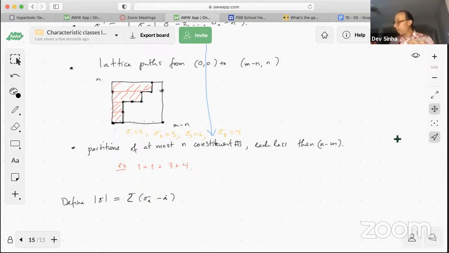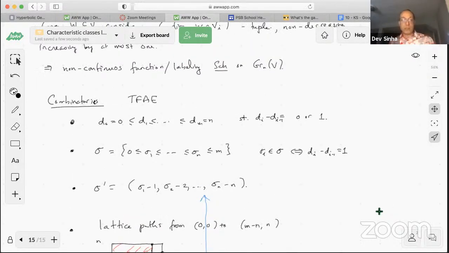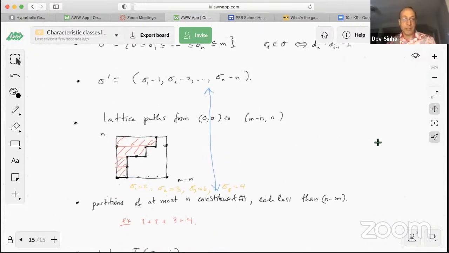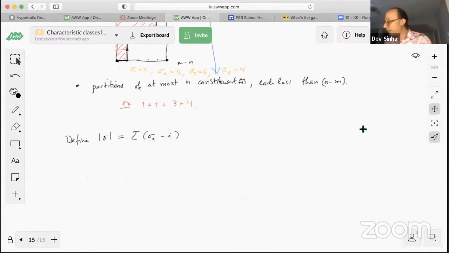So we're going to fix any way to think of this data, lattice paths, etc. We'll just all call it sigma, which is the second way, although the third, sigma prime, is even more common perhaps, but we'll follow Milnor and Stasheff and use sigma to denote this data in the second sense.